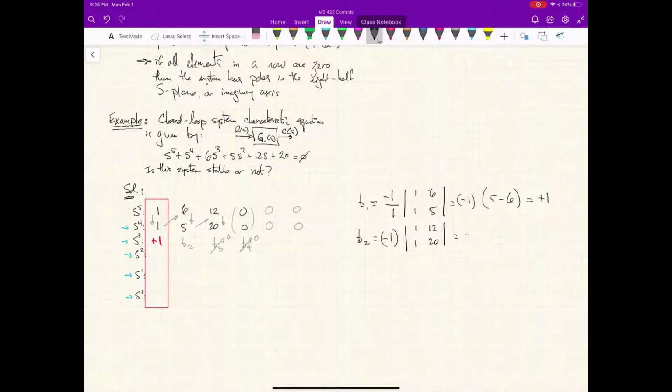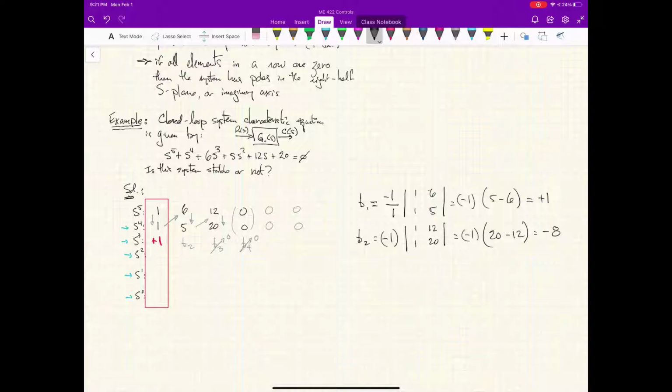So that's minus 1 times 20 minus 12. Ooh, okay. 20 minus 12, which looks like minus 8.